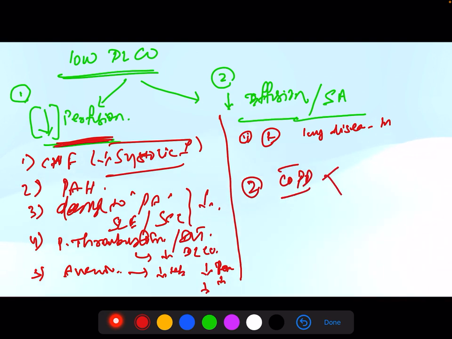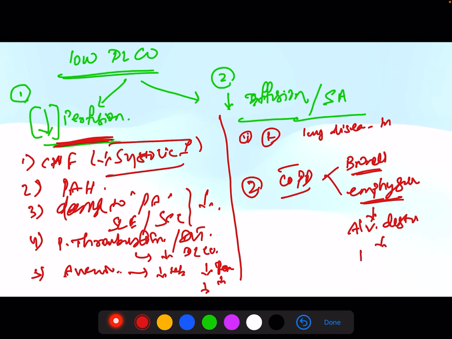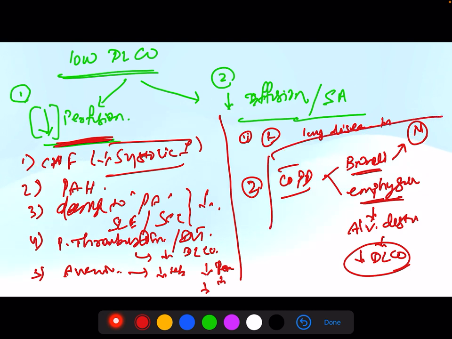First is the bronchiectatic component and second is the predominant emphysema component. When there is a predominant emphysema component, there is basically alveolar destruction and decreased DLCO. But if the bronchiectatic component is predominant, DLCO is normal. Point to remember in COPD patients.